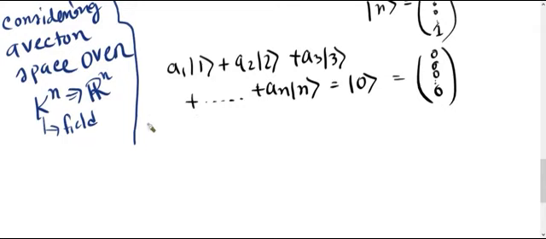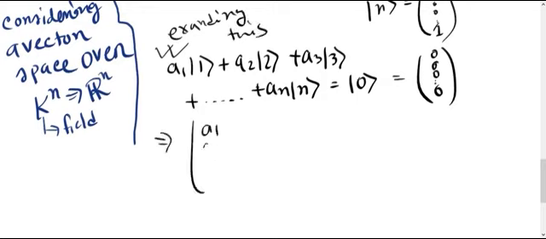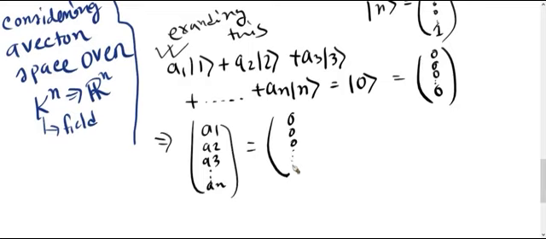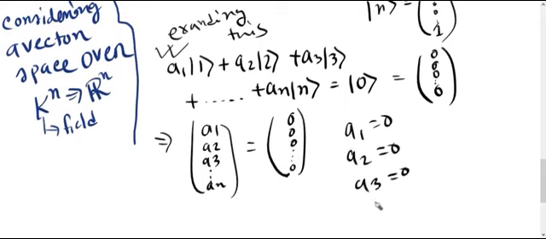Expanding this gives us a1, a2, a3, ..., an equals 0, 0, 0, ..., 0. From here we can conclude that a1 is 0, a2 is 0, a3 is 0, and so on.